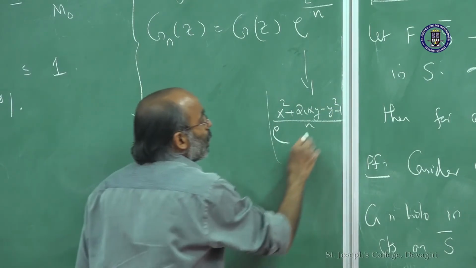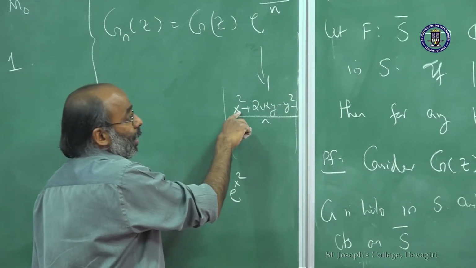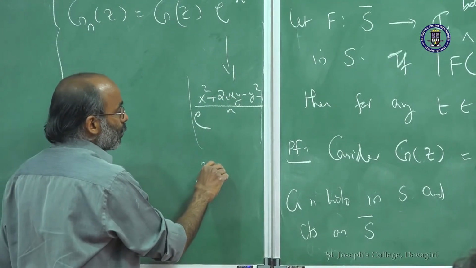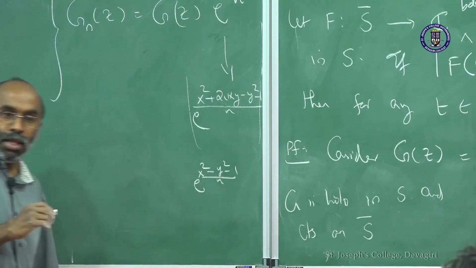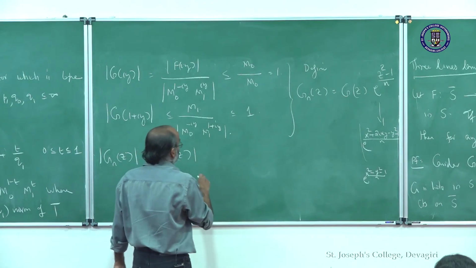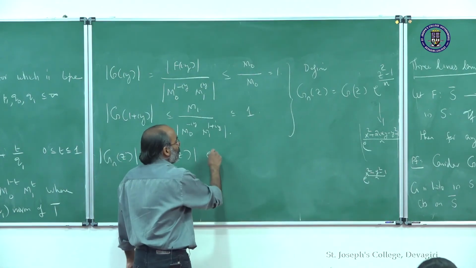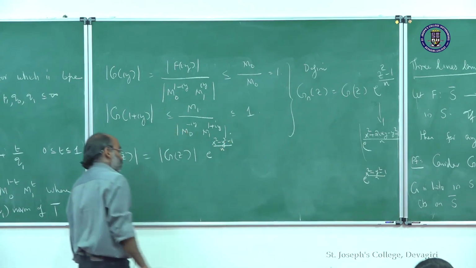If I take the modulus of this, I will have e to the x square that stays, the imaginary part gives me modulus 1, and I have minus y square minus 1 divided by n. That is how it looks. So, this is g(z) times e to the something, right. So, e to the (x square minus y square minus 1) by n.